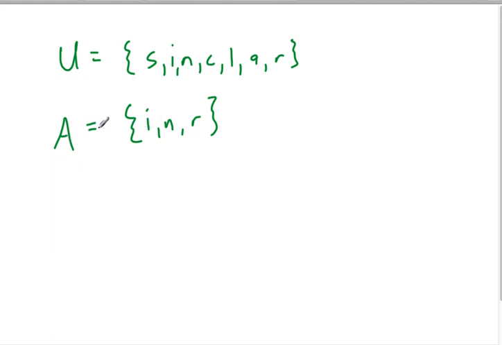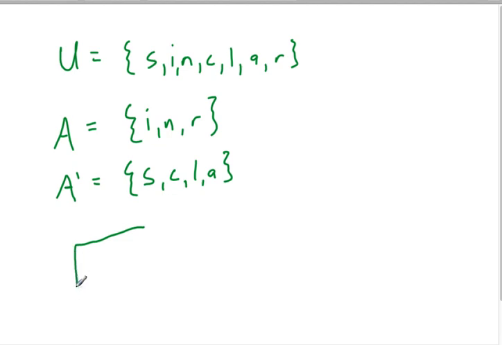And then we want to draw a picture of the whole universal set and then the subset and the complement. So the complement is going to be called A prime, and the complement to the subset would be S and C and L and A.